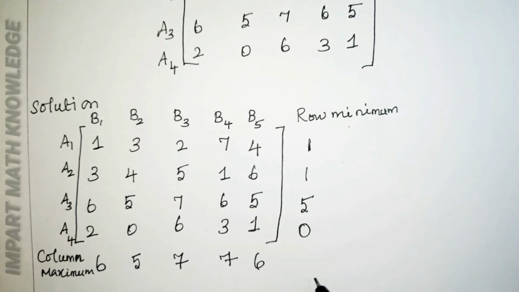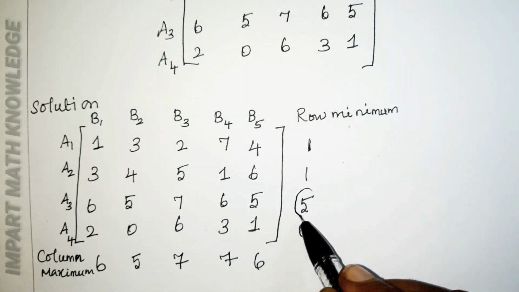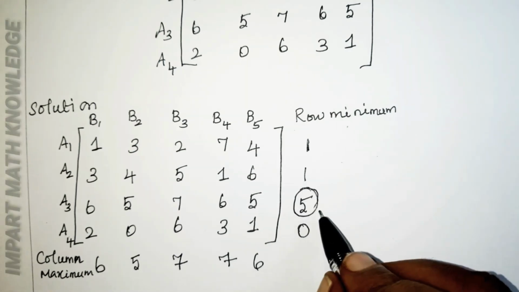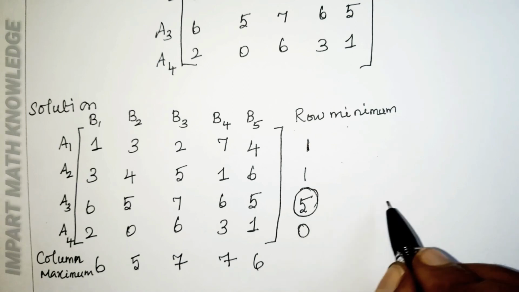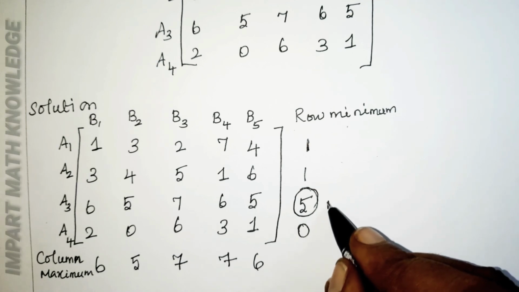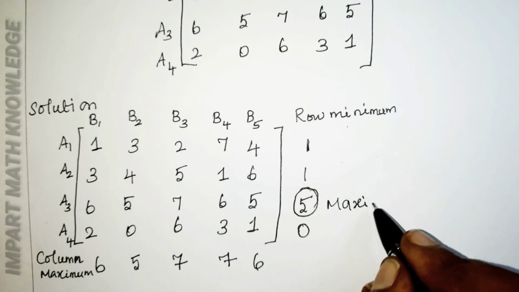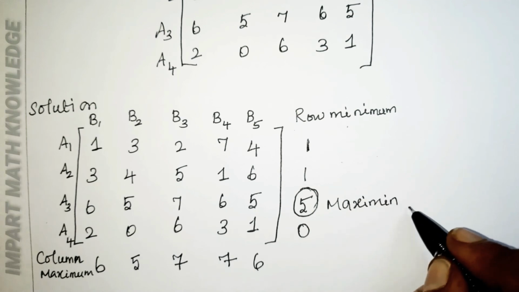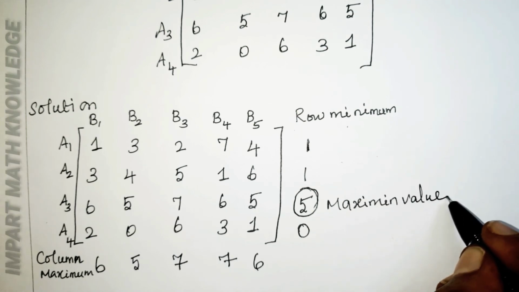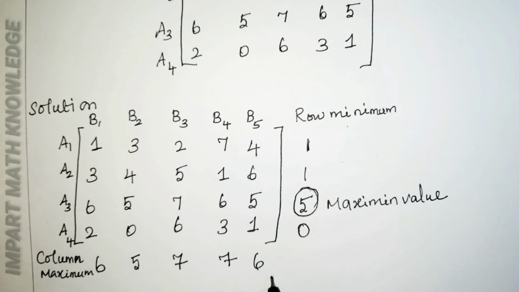From the row minimums you have to select the maximum value. Here the maximum value is 5. This we call the maximin value. From the column maximums, you have to select the minimum value. Here the minimum value is 5.